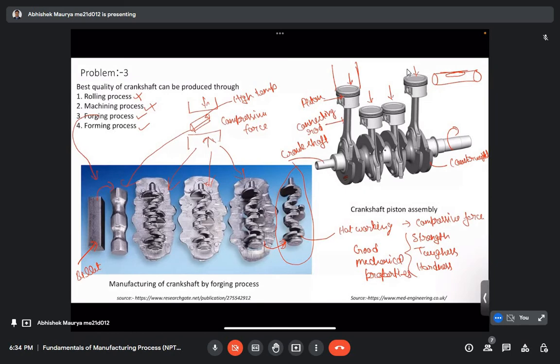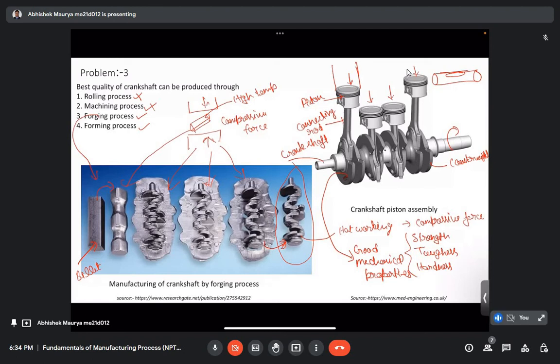Because when the crankshaft stays inside the engine, a large amount of force gets transferred to the shaft, so these properties help to sustain the shaft.